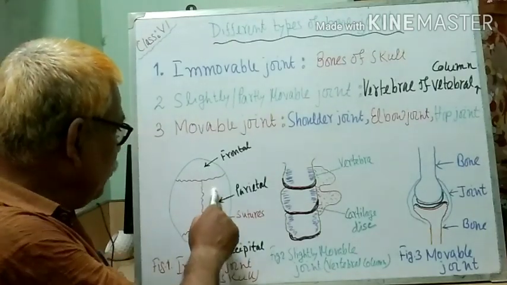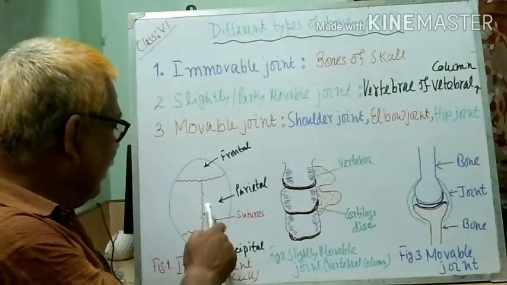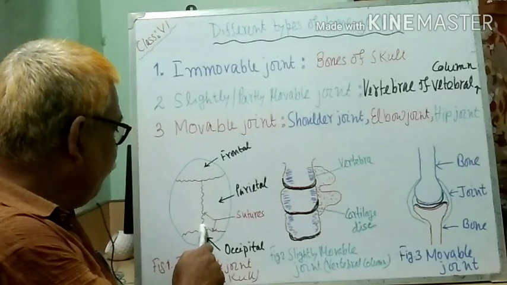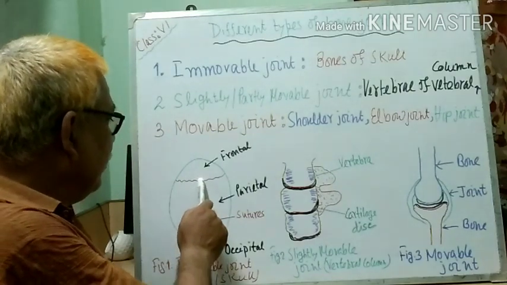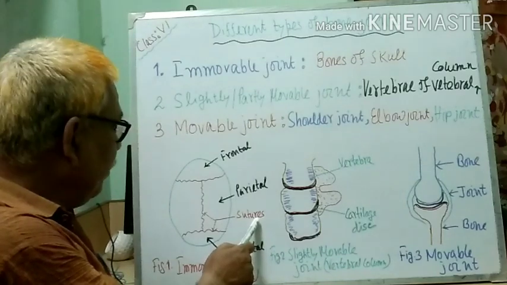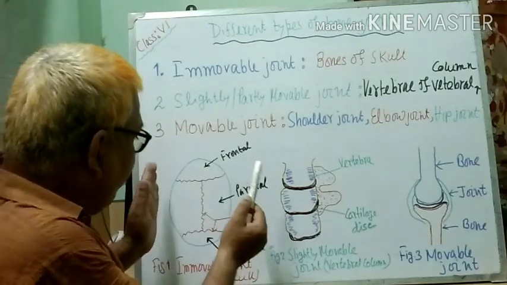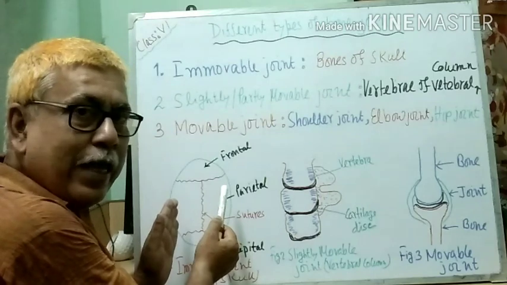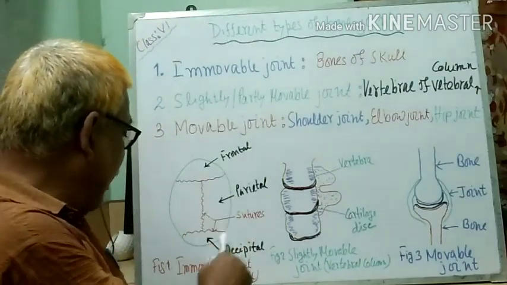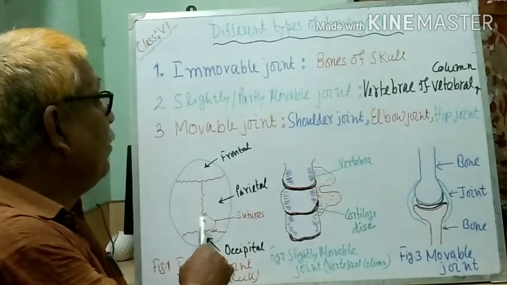Now, these bones are connected with each other through fibrous tissue. These are called sutures. Bones are firmly connected with each other, so they are immovable.